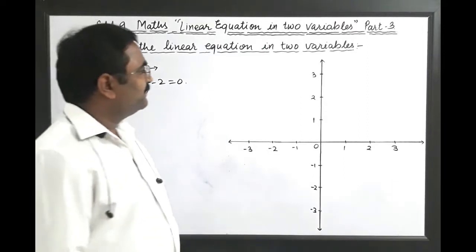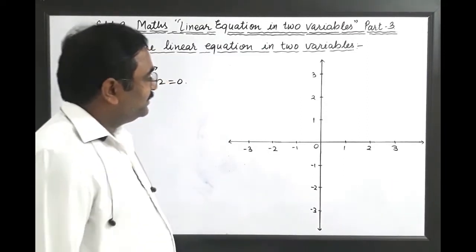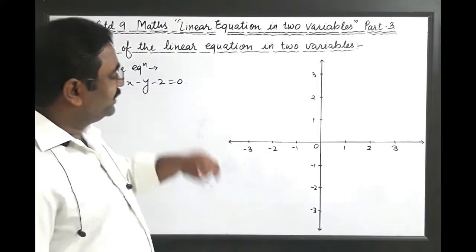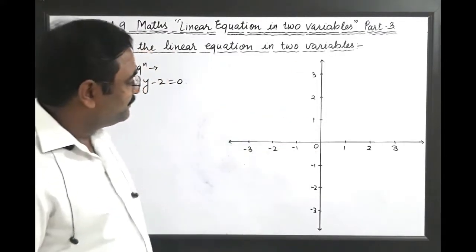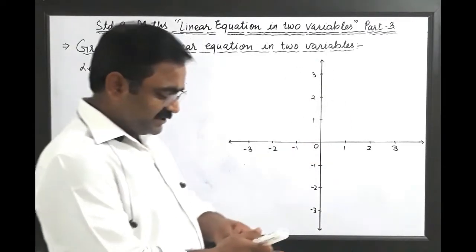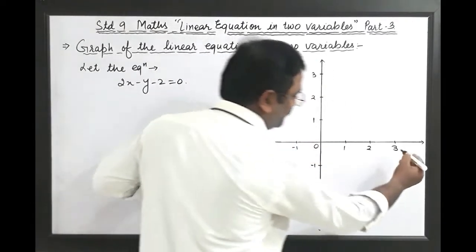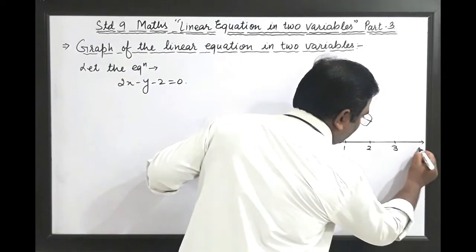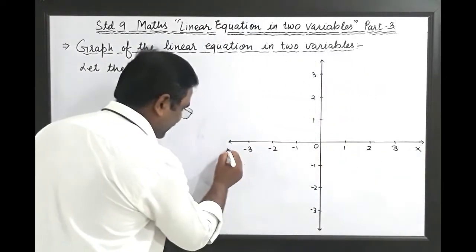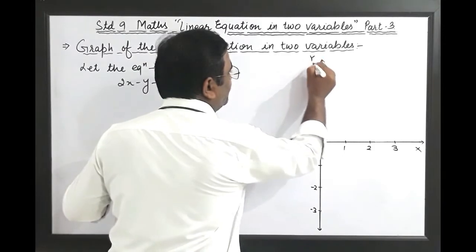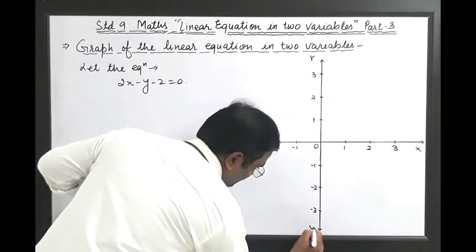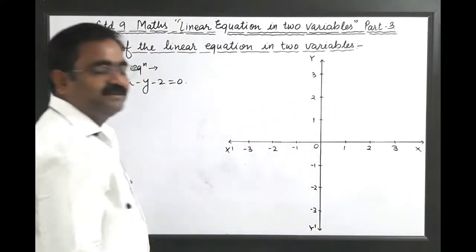So let us see. Drawing the graph of linear equation in two variables, we have plotted the x-axis and y-axis. This is x-axis, for which this is x, o, x dash, and this vertical line is y, o, y dash.